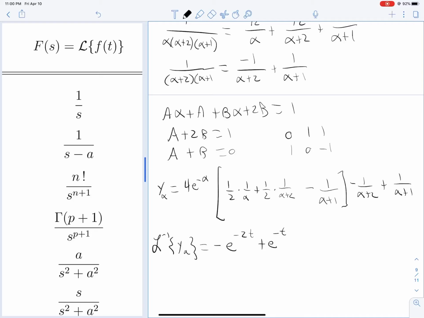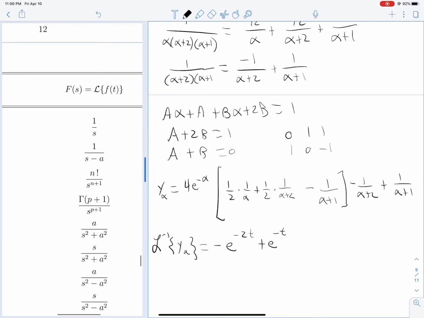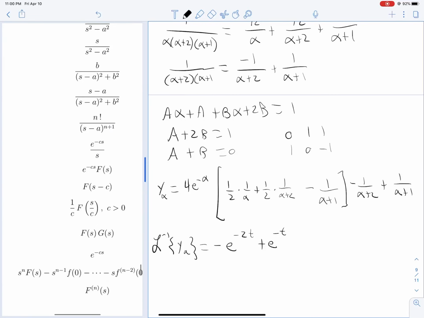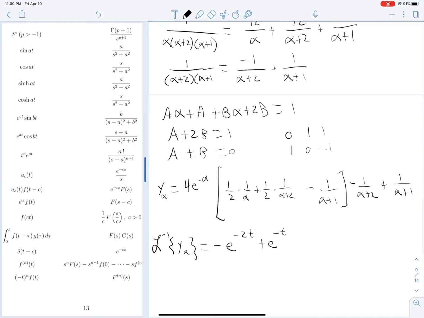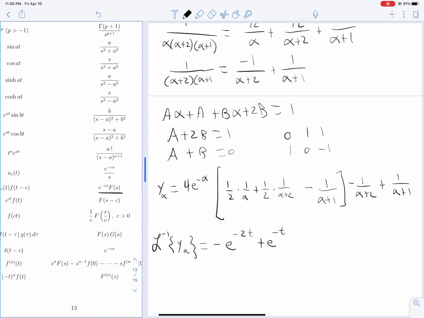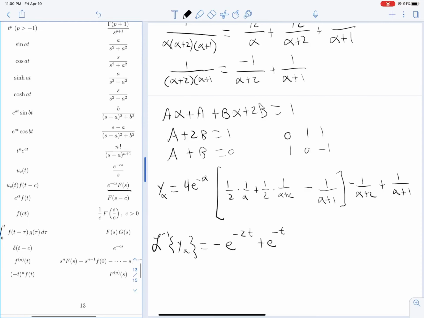And things get a little more complicated when we start dealing with our e connected components. But if we go look down here, we can apply this rule that they give here, where e to the negative cs times the Laplace transform of f of t is equal to u_c of t, in our case it's u1, multiplied by f of t, but we replace all of our t's with t minus c.